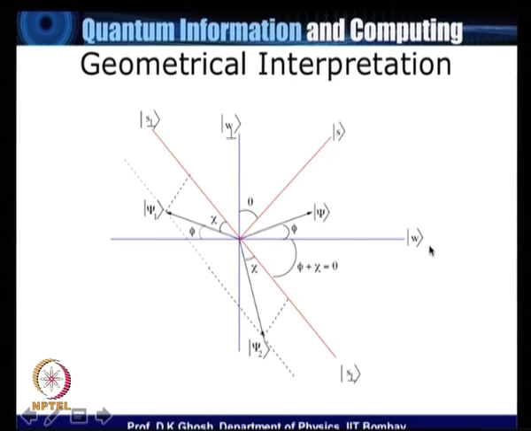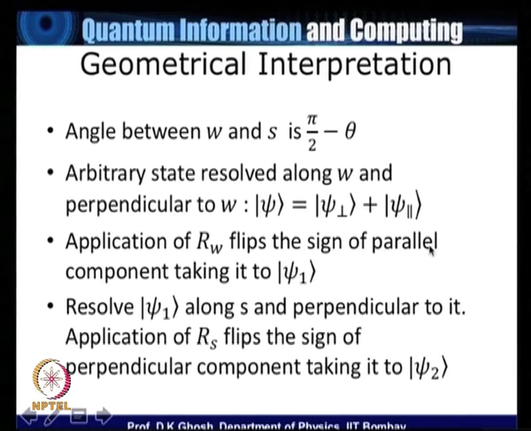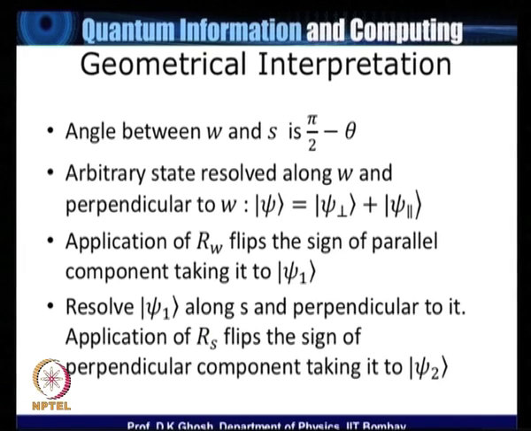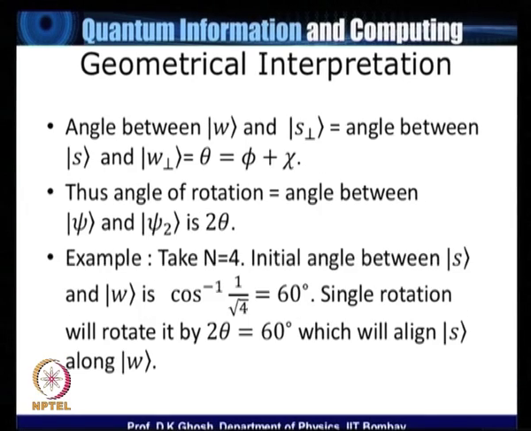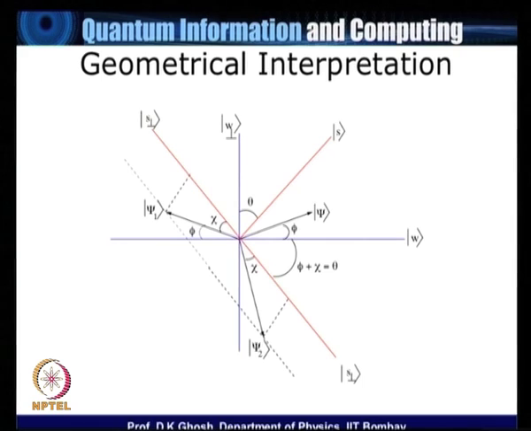Now supposing I just talk about an arbitrary vector psi, which is making an angle of phi with the W. What does this do? First thing that I do, as I told you, I resolve the arbitrary state along W and perpendicular to W. Now when I apply U_W to it, it will flip the sign of the component parallel to W. So let us look at what it takes me to. In this picture I have my psi here.